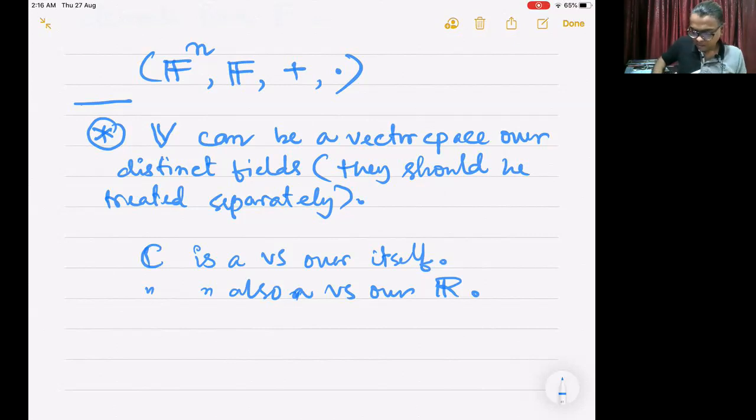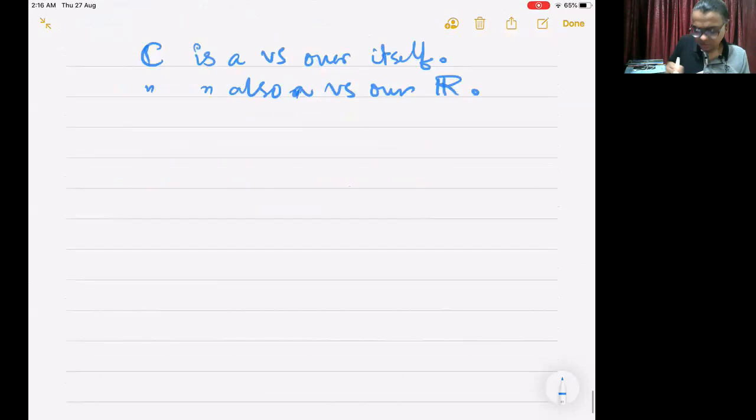Okay, but that's not all. You can have all sorts of other vector spaces.